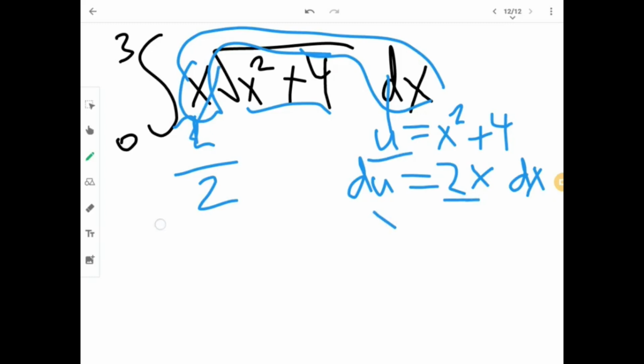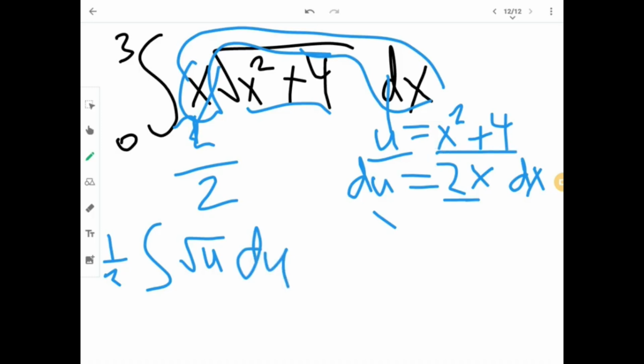So at the end, you're left with the integral of half, let's just move it outside, root u du. And then you change the bounds. So x squared plus 4: 3 squared plus 4 is 9 plus 4, 13.